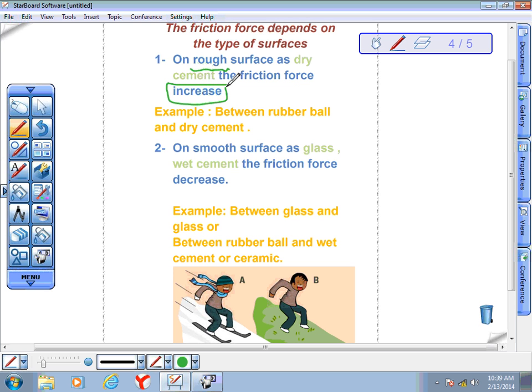We have some examples of rough surfaces like dry cement, or garden, or sandy floor.